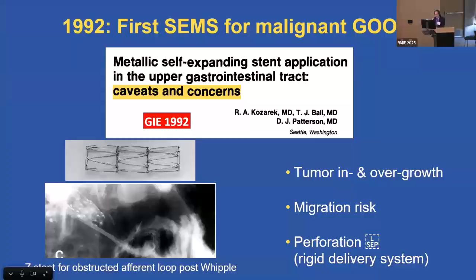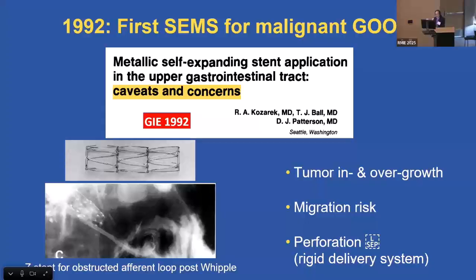Charles Dotter is the father of SEMS. He invented the self-expandable metal stent back in 1969. And then one of his pupils, Josef Rösch, teamed up with Cesare Gianturco, an engineer, and they developed the Z-stent. So that was the very first SEMS, and it was first placed in the esophagus.